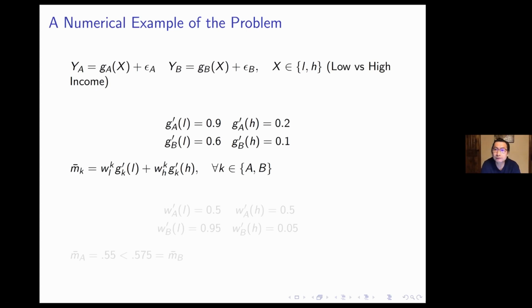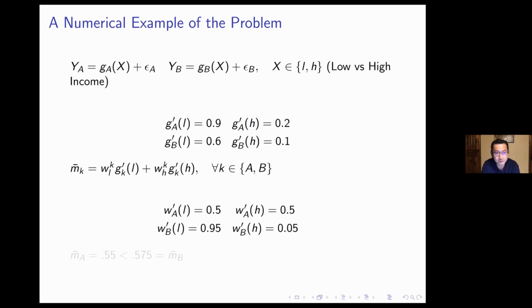Let me give you one numerical example. Of course, this is not going to happen, but this very simple one highlights the point. If I choose different weighting functions, for the first group, group A, it's going to be 0.5 for low income and 0.5 for high income. For the second group, it's going to be 0.95 and 0.05.